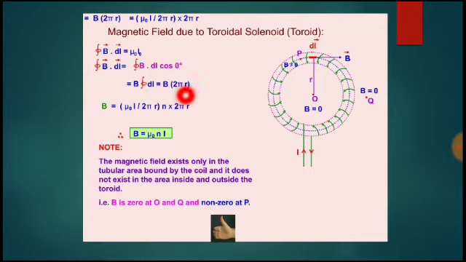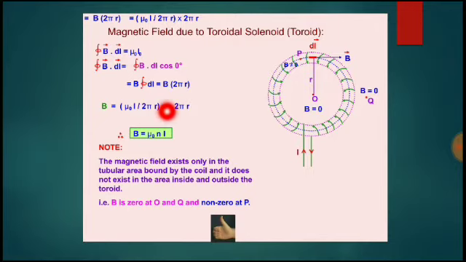The L is equal to what? 2 pi r. What is 2 pi r? The circumference of the coil. Therefore, B into 2 pi r is equal to mu naught I divided by 2 pi r, into N, into 2 pi r.